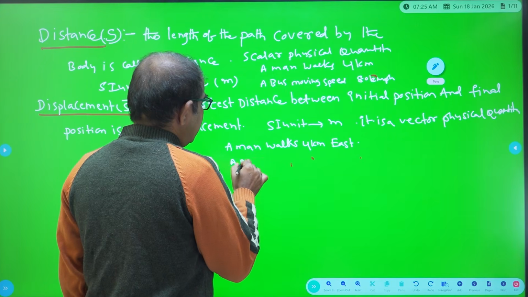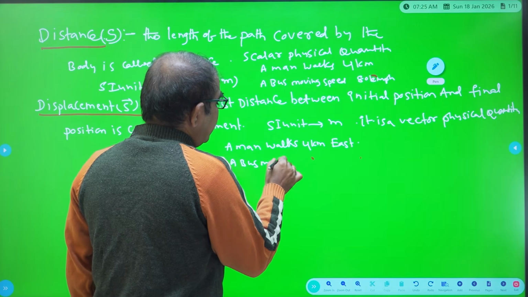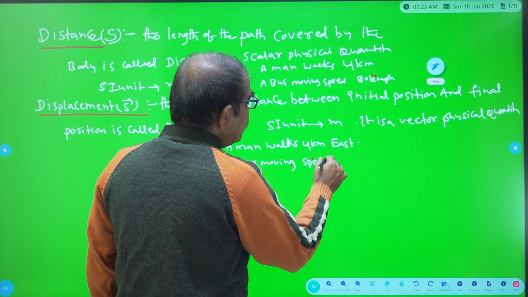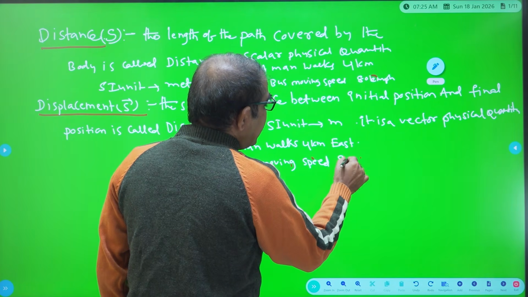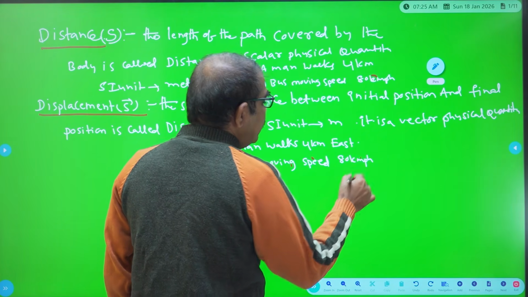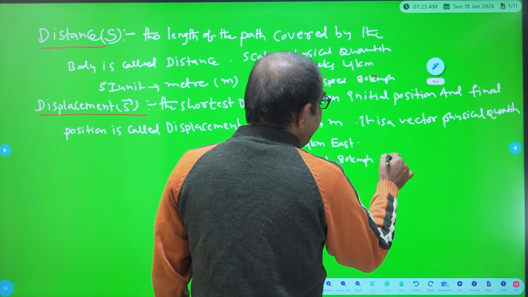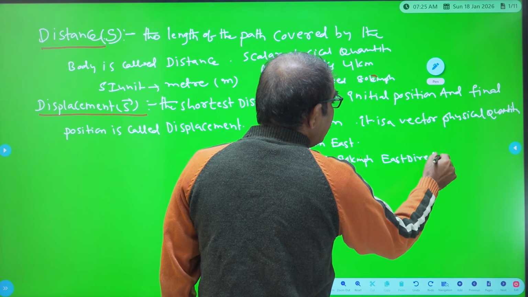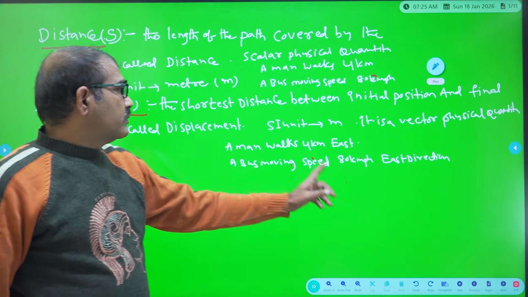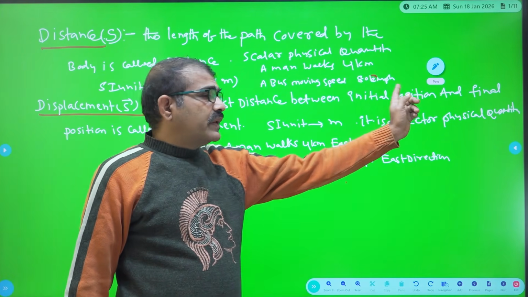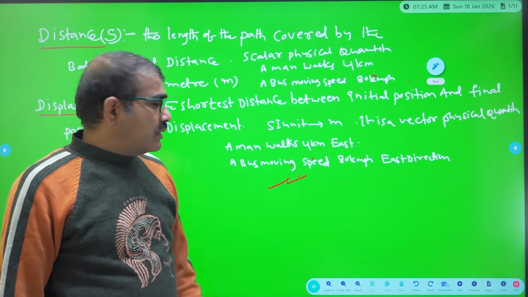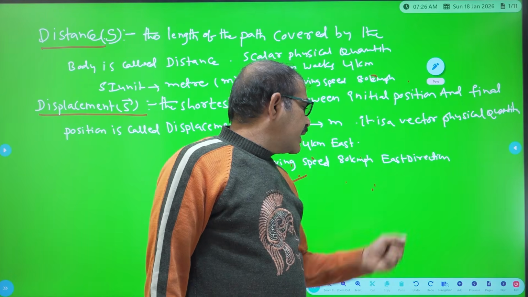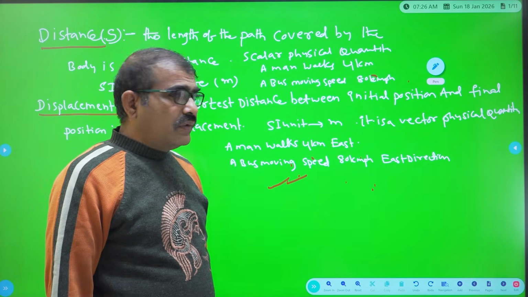A bus moving with speed 80 kilometer per hour, east direction, now this is called vector.